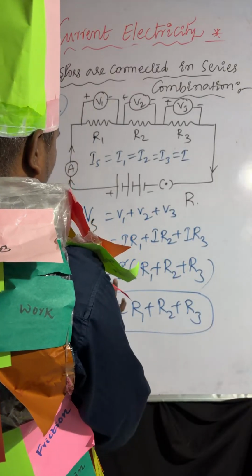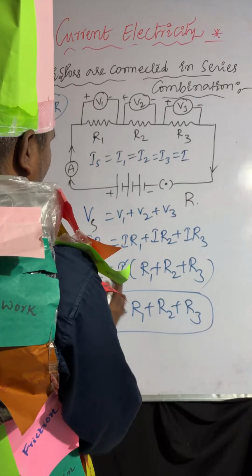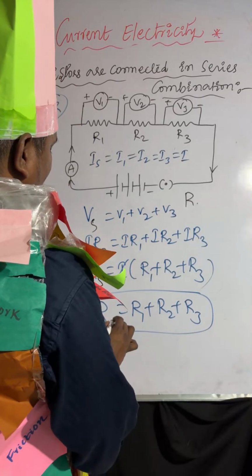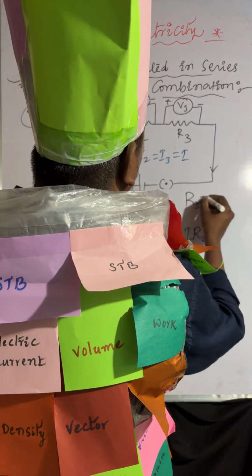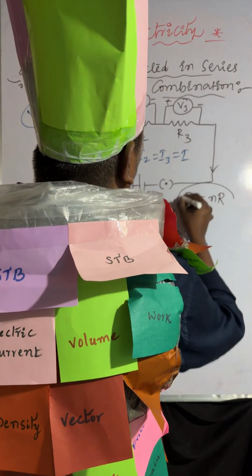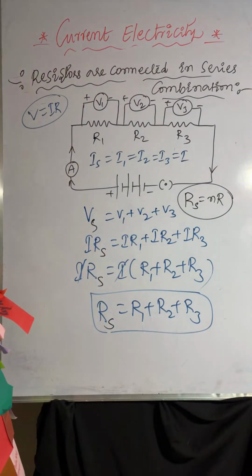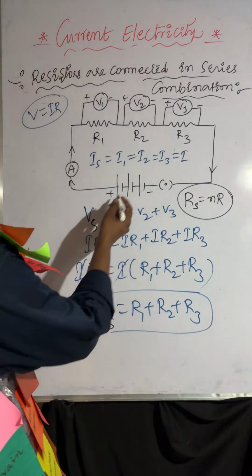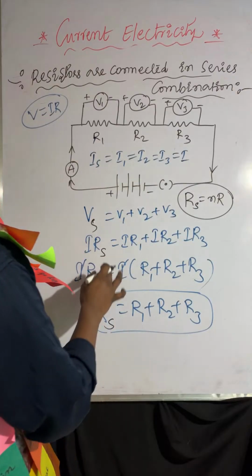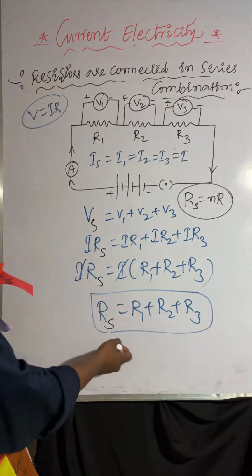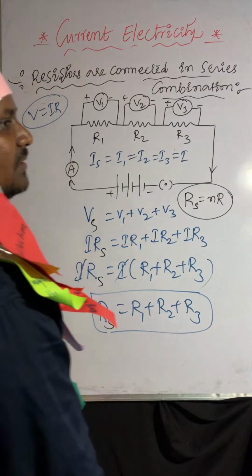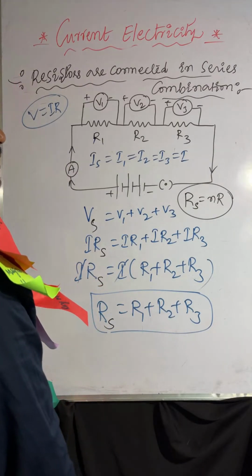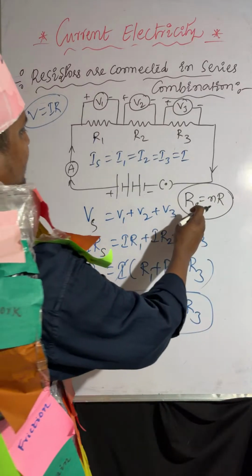So Rs or R equivalent, we can write Rs equal to nR. The potential difference in series combination is Vs equal to IRs, and I is the same anyway. So the final answer is this one. Rs equal to nR.